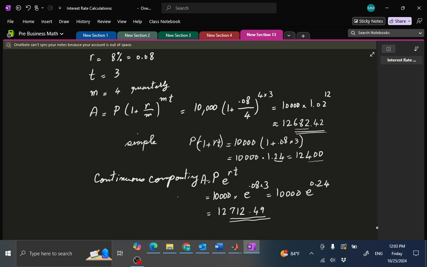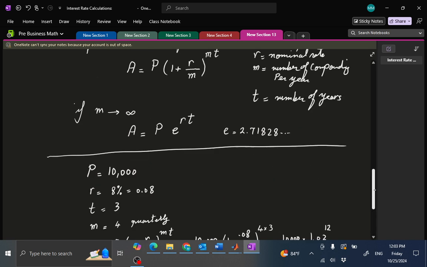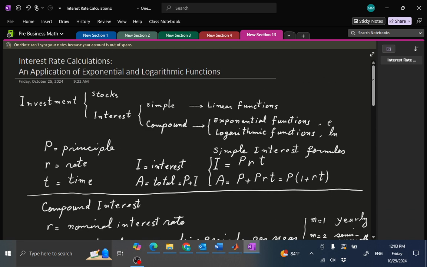Okay, so let's go back and see what happened. We said in a business environment, you can do sharing either through stocks or through interest rate. Interest rate calculation falls in the category of simple interest, which translates into linear functions, or compound interest.